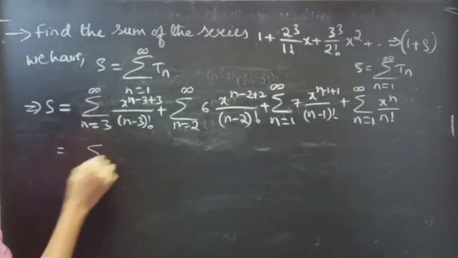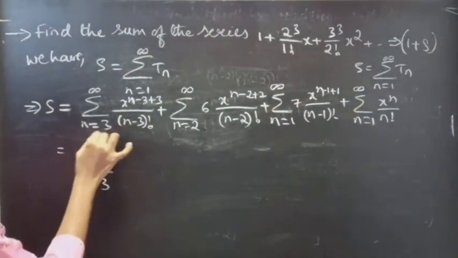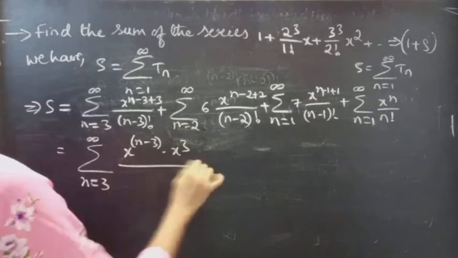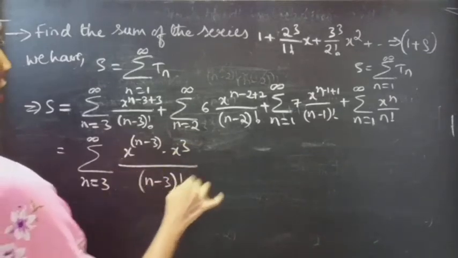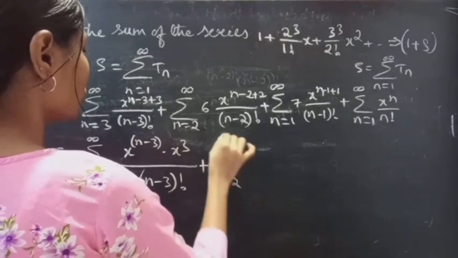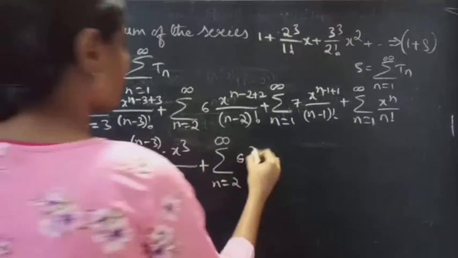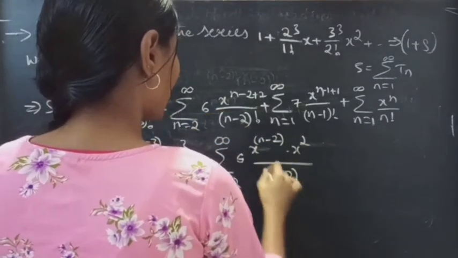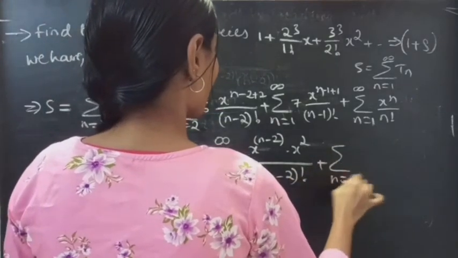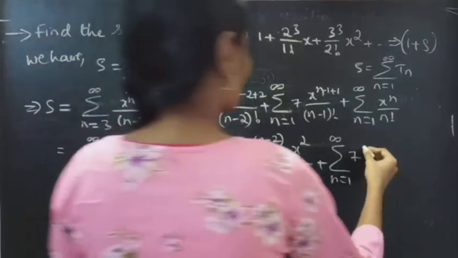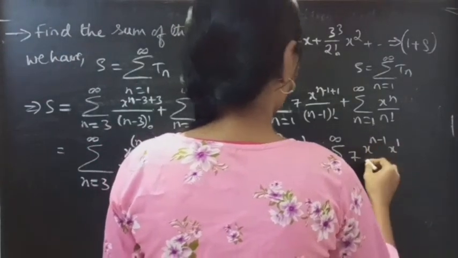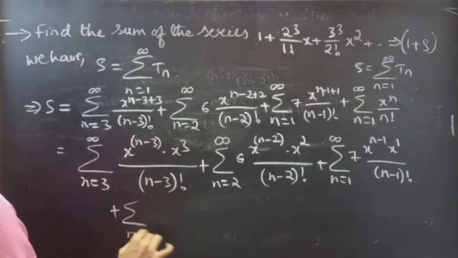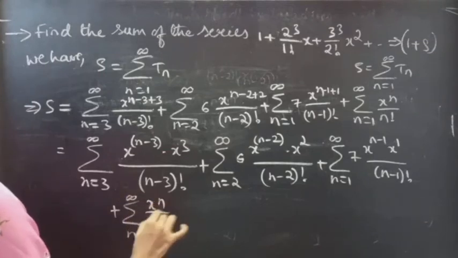Again, you can write this as summation n equals 3 to infinity x power n minus 3 into x cube by n minus 3 factorial plus summation n equals 2 to infinity 6 into x power n minus 2 into x square by n minus 2 factorial plus summation n equals 1 to infinity 7 into x power n minus 1 into x power 1 by n minus 1 factorial plus last term summation n equals 1 to infinity x power n by n factorial.